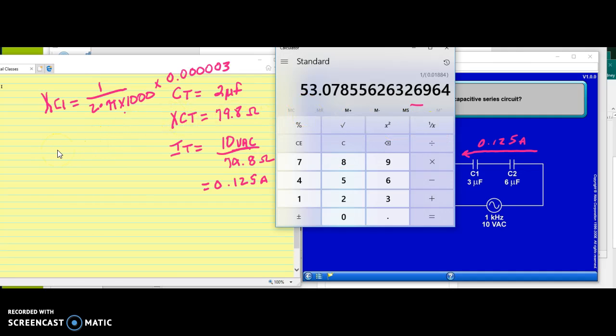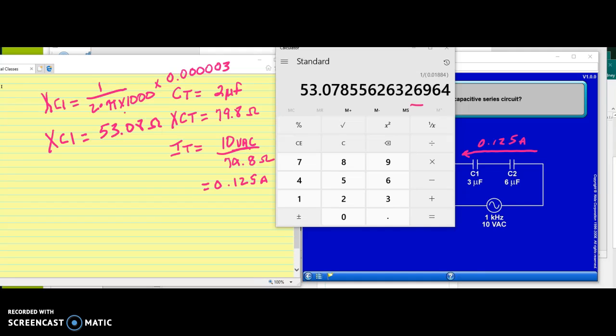So the X of C1 is, drum roll please, 53.08 if we round off. So X of C1 equals 53.08 ohms.